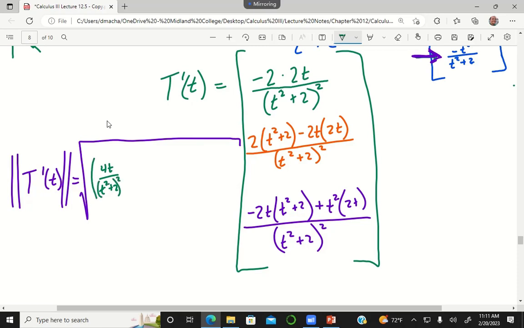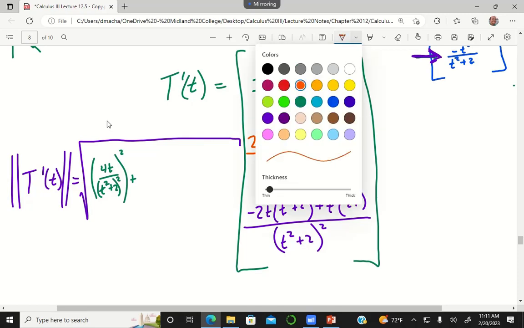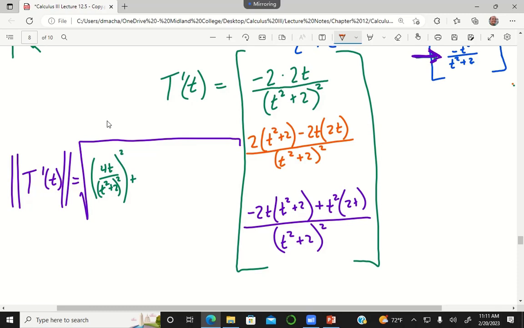plus, and then here, I'm trying to simplify the orange bit, right? And so I see 2t squared here, and then minus 4t squared. So that'd be like negative 2t squared plus 2 divided by t squared plus 2 squared, all squared.